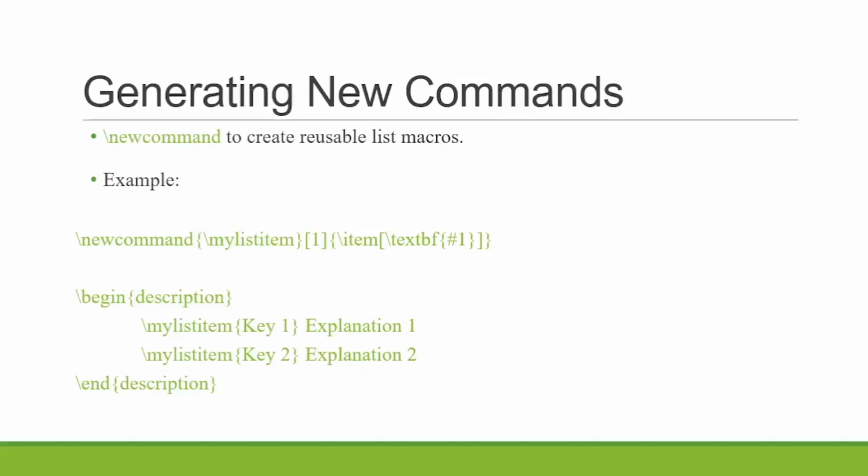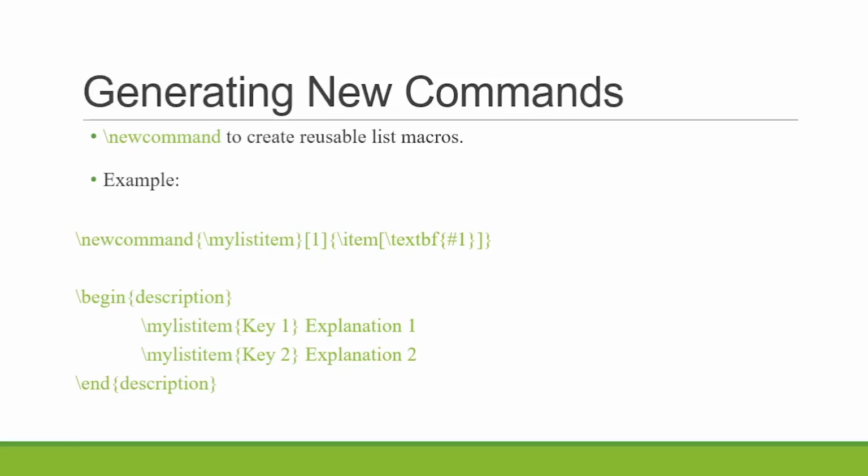In LaTeX, the \newcommand is a powerful tool for creating reusable macros, making your code more efficient and easier to maintain. For example, you can define a macro to simplify creating labeled items in the description environment.